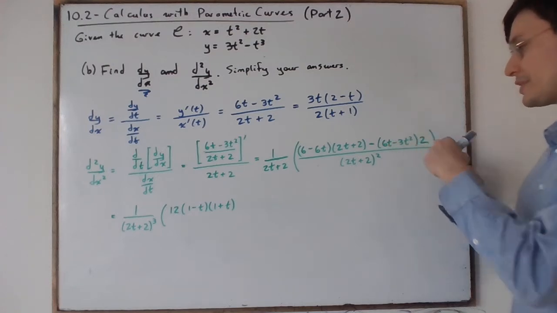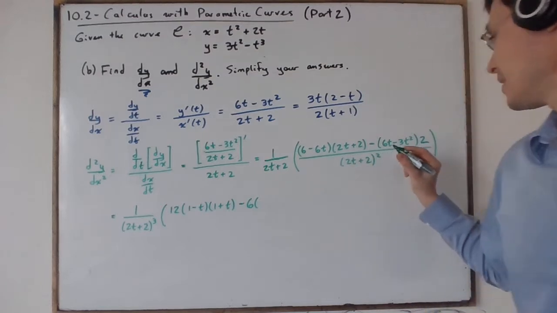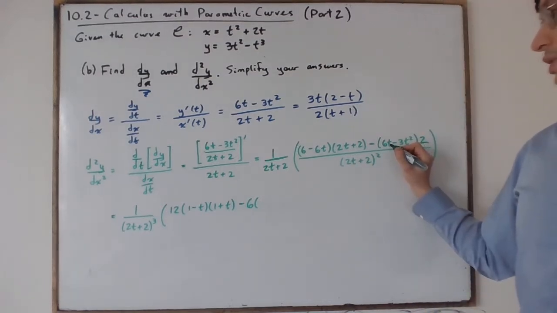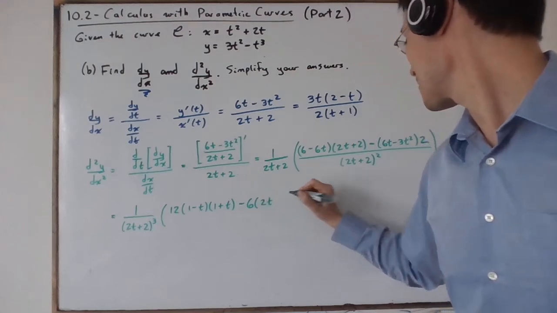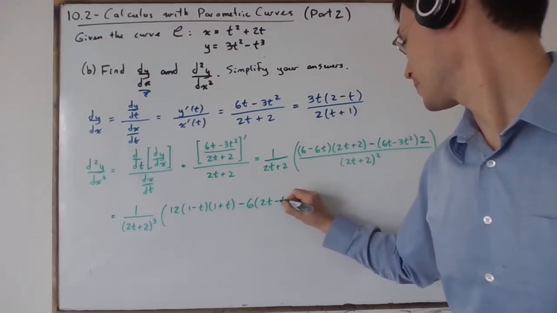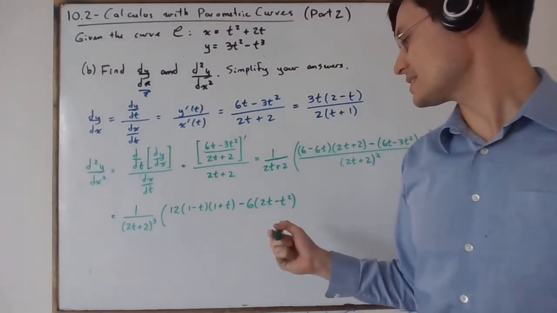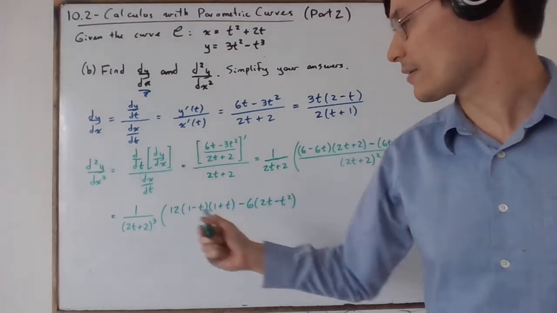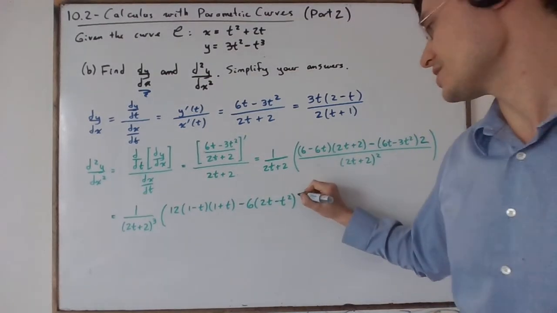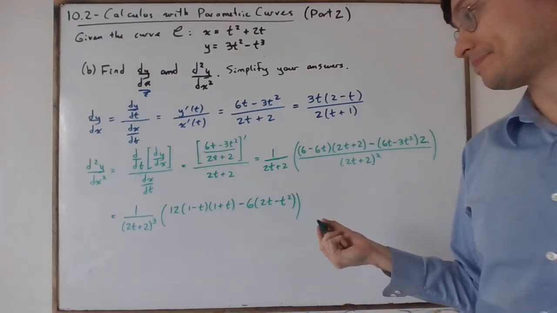So it will pair up with the 2, so that will be 6. So minus 6, and then what we have is 2t minus t squared. The reason we do this is basically because we want to see what we can factor entirely out to simplify the calculation, and what we have to expand.